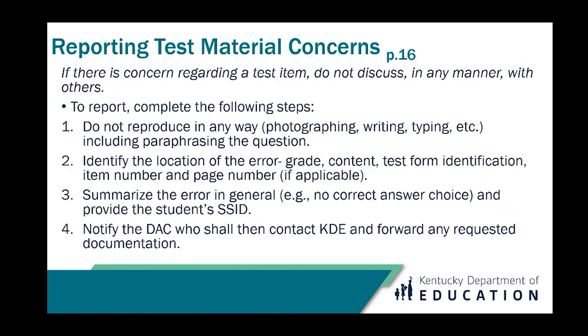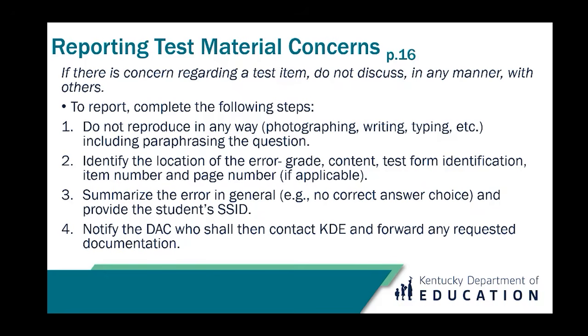To report the concern, complete the following steps. First, do not reproduce the test item in any way. Photocopying, photographing, handwriting, typing, scanning, or emailing the question in whole, in part, or paraphrasing it in any way.